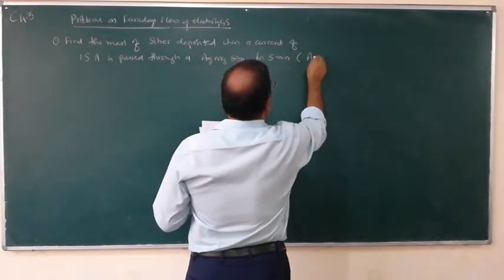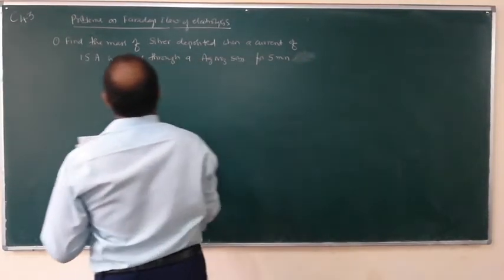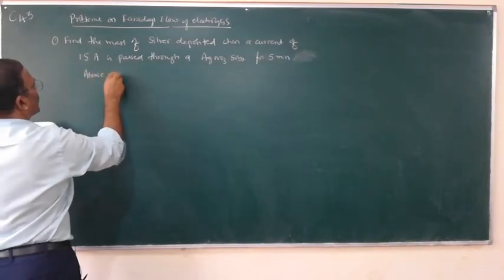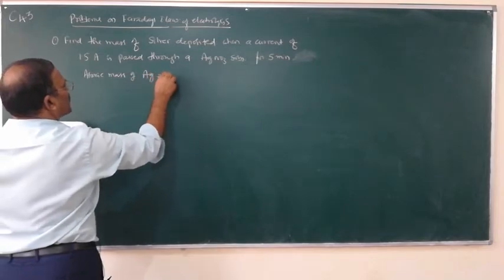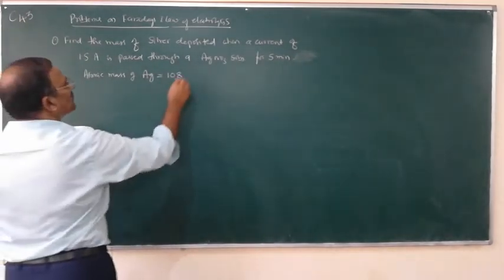Given atomic mass of silver, Ag is equal to 108 grams.